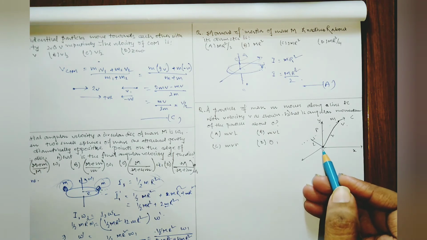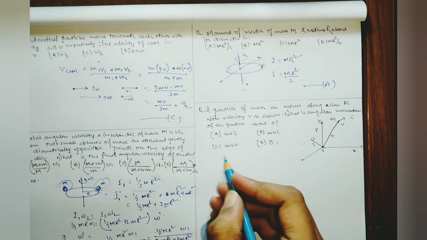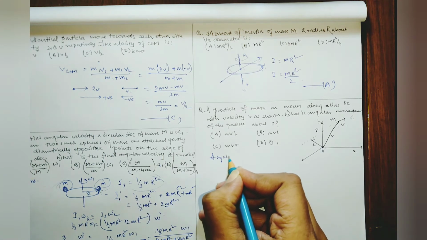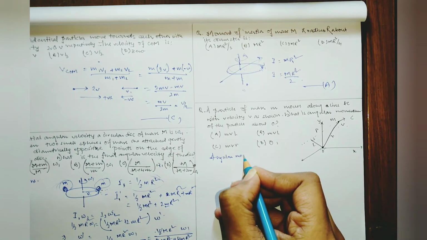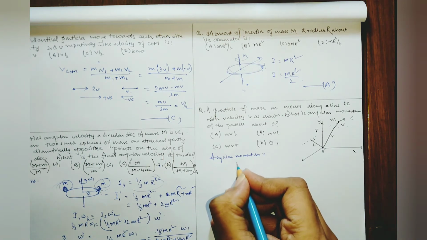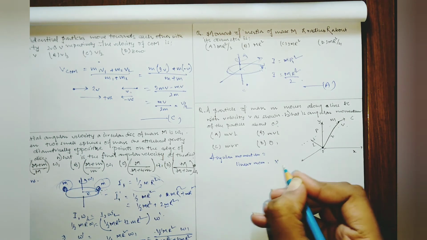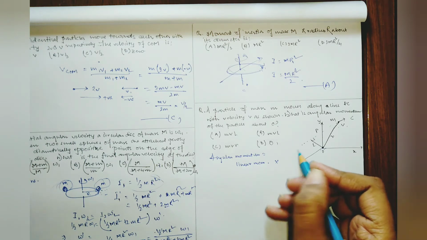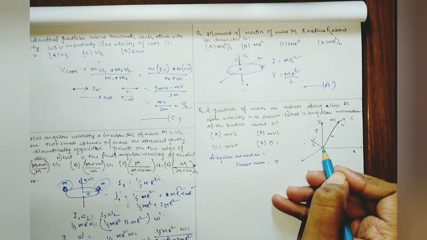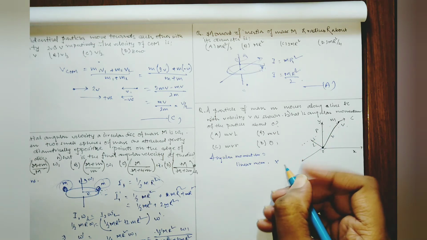This is the O point, and the particle is moving with mv. Now angular momentum is given by linear momentum into the perpendicular distance from the point to the line of the velocity along which the particle is moving.